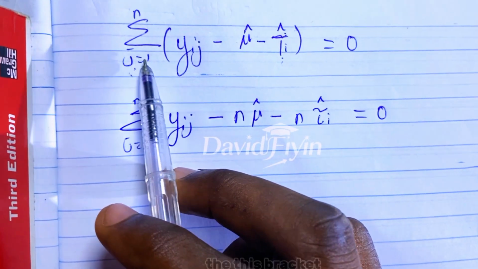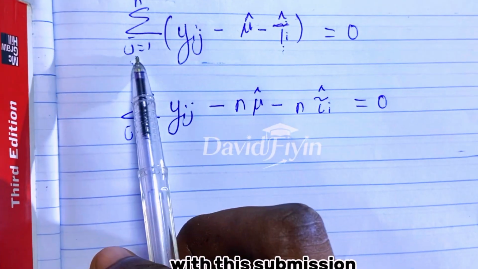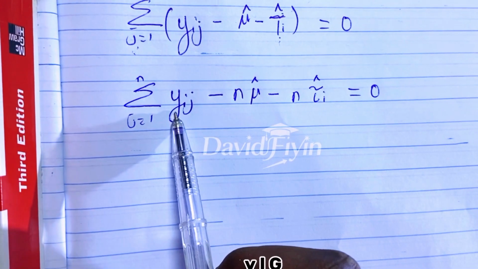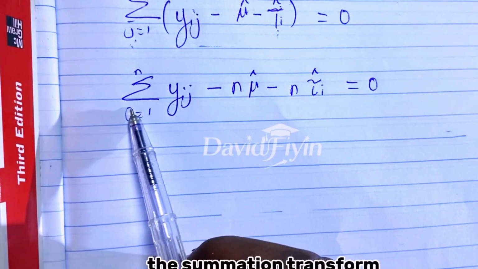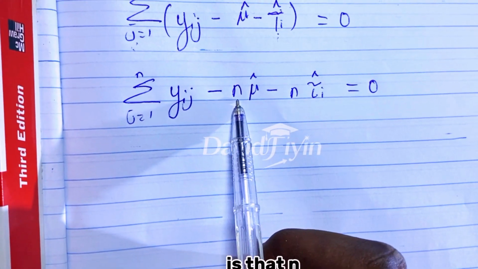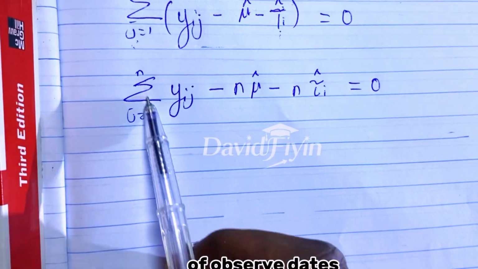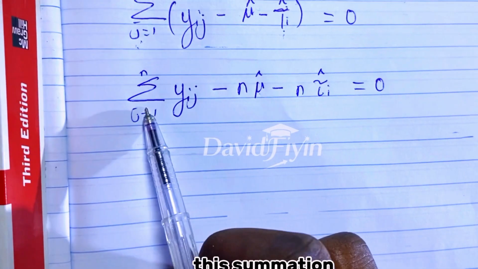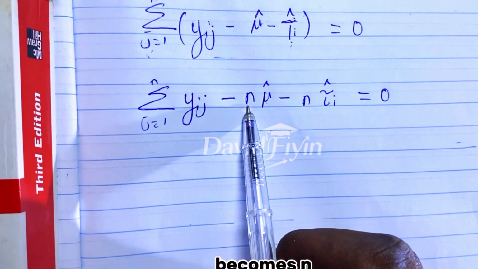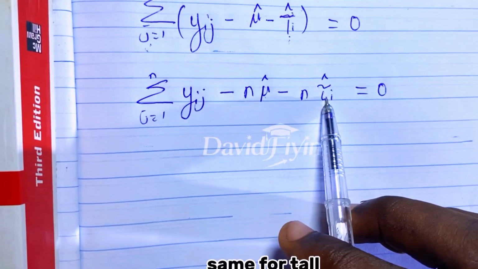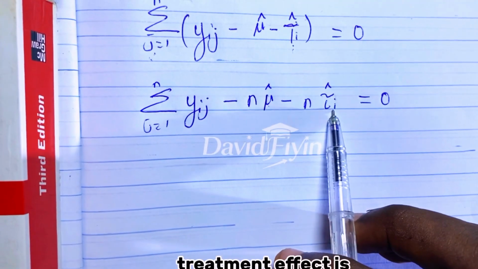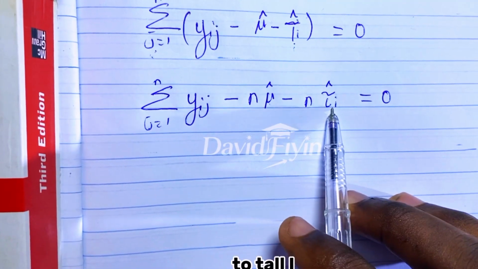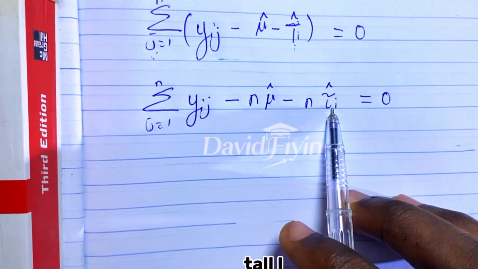By opening this bracket with the summation, we get the summation j from 1 to n of Yij minus n mu. The reason the summation transforms to become n is that n is the number of jth observations, and since mu is constant with respect to this summation, the summation becomes n. The same is true for tau i: this treatment effect is over i, not over j, so it is also constant, and that is why it becomes n tau i.